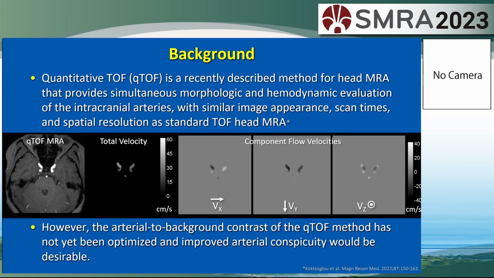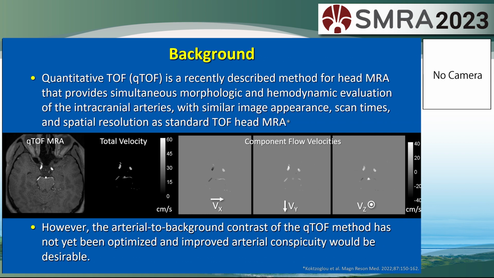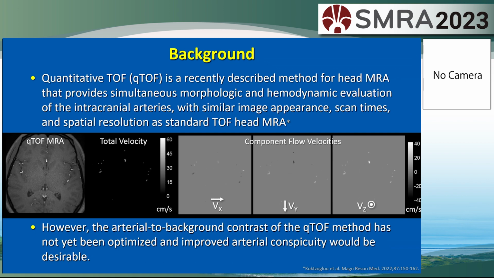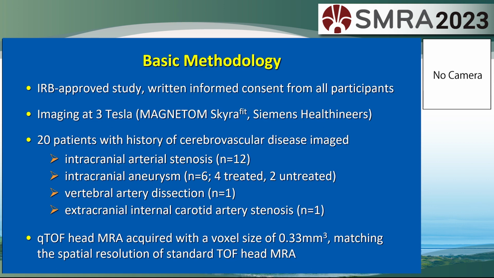However, the arterial to background contrast of the quantitative time of flight method has not yet been optimized, and improved arterial conspicuity would be desirable. So the purpose of this study was to evaluate whether a digital signal subtraction strategy could be applied to quantitative time of flight to improve the conspicuity of the cerebral arteries without lengthening the total scan time.